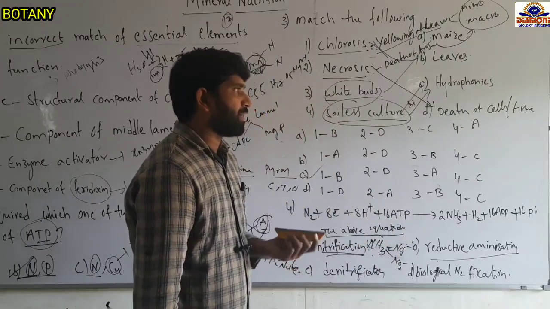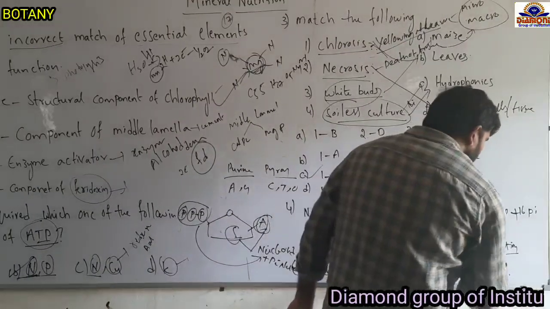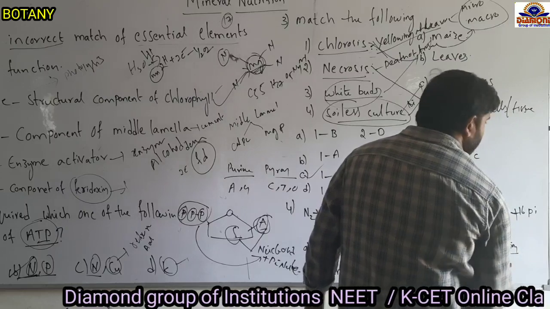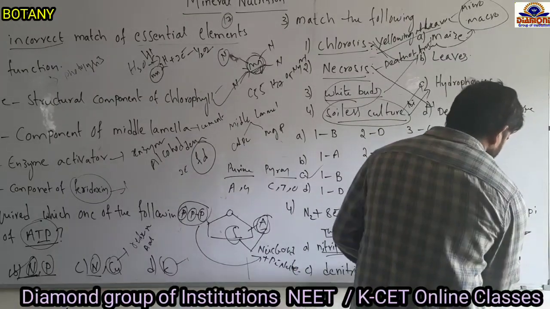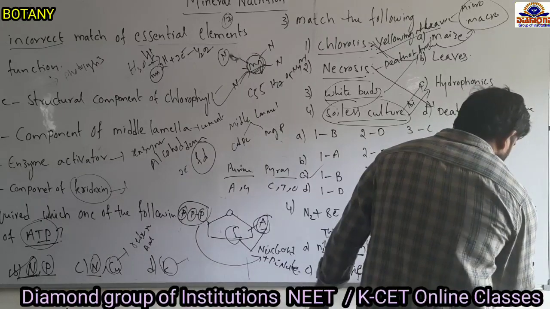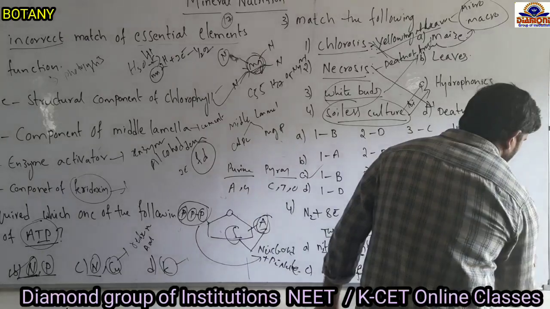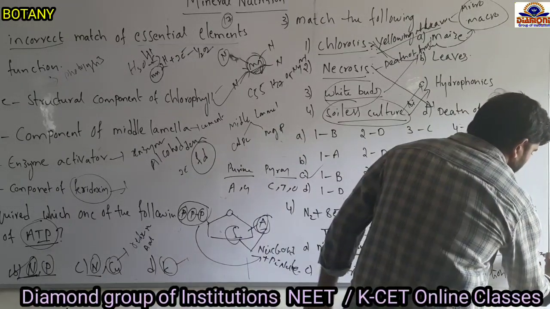Reductive amination means the fate of ammonia. After the formation of ammonia, ammonia is converted into alpha ketoglutaric acid, and then alpha ketoglutaric acid is converted into glutamic acid.